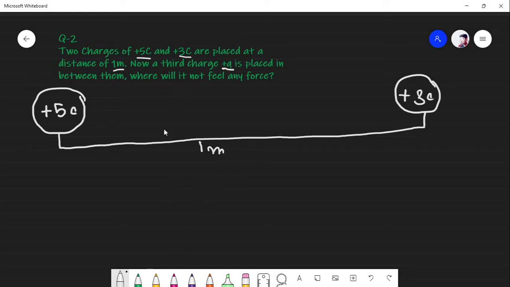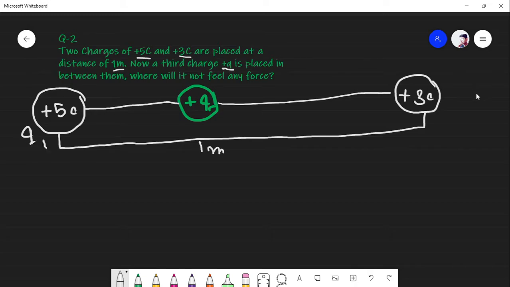So the question says that we have to place this charge anywhere between this 1 meter. Actually, we gotta find out where we should place the charge. Let's say this is Q1 and this is Q2, so that Q does not feel any force.